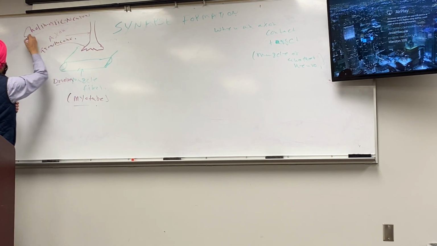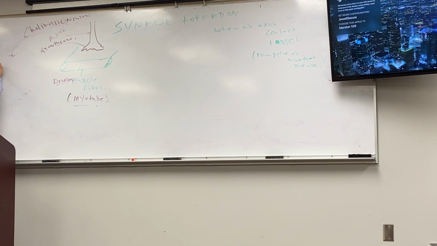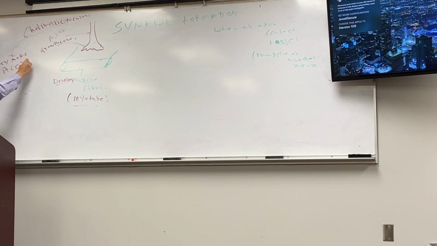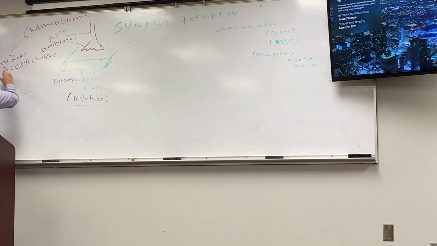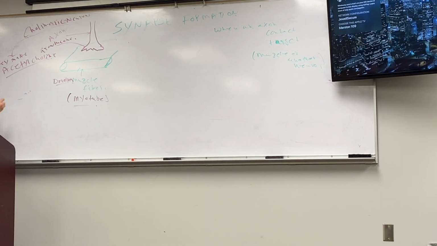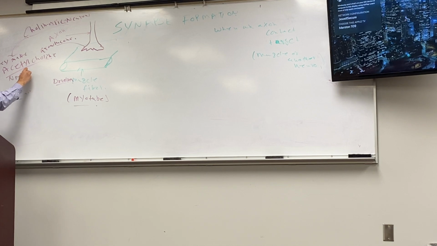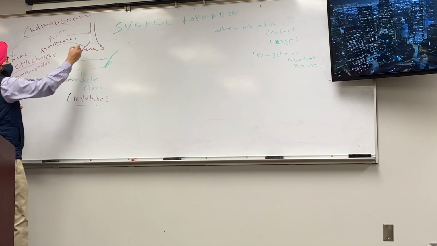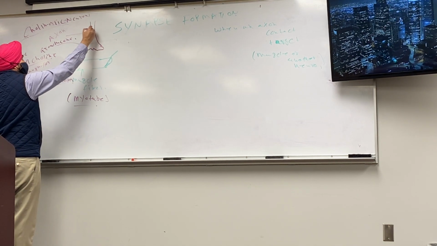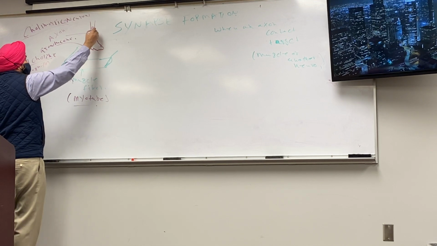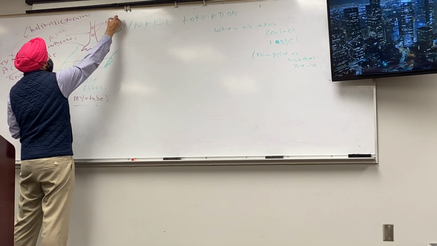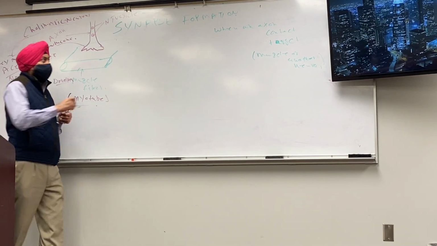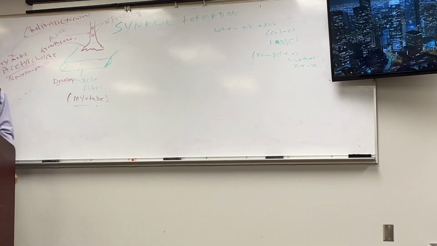And cholinergic neurons means they make acetylcholine. Now acetylcholine is a neurotransmitter, right? And the acetylcholine neurotransmitter is in the vesicle. So these vesicles are there. So I'm writing here neurotransmitter vesicles.